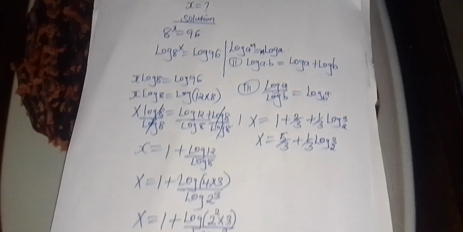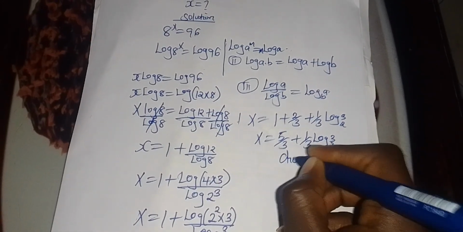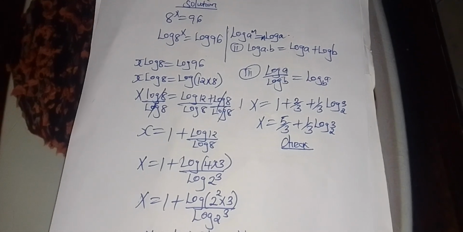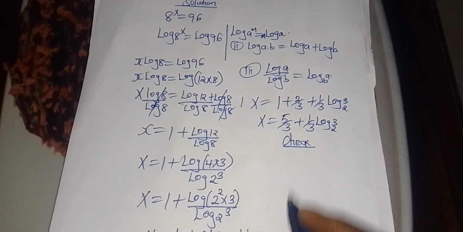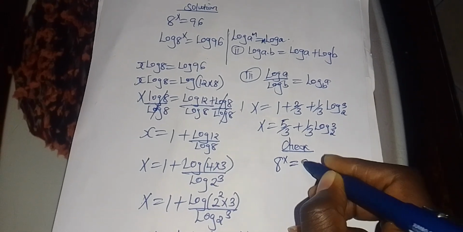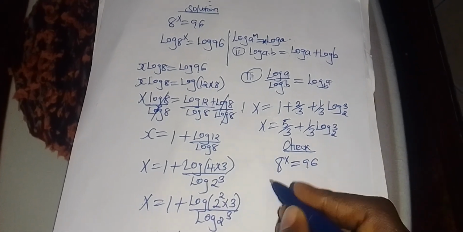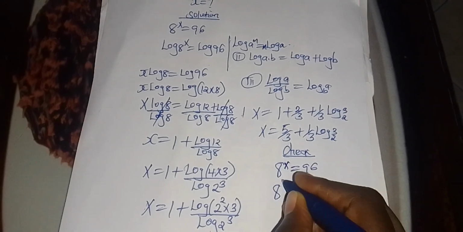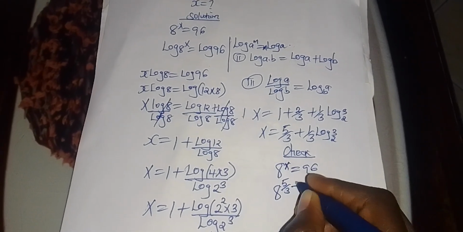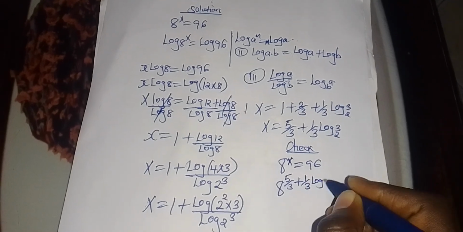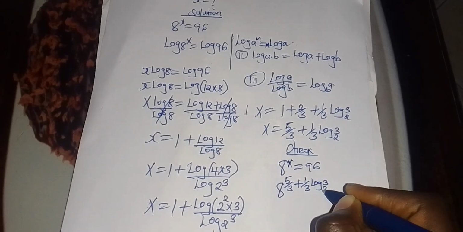Okay, so let's check if this value of x satisfies our solution. So remember we have 8 raised to the power x is equal to 96. We substitute the value of x, that is 5 over 3 plus a third log 3 base 2.